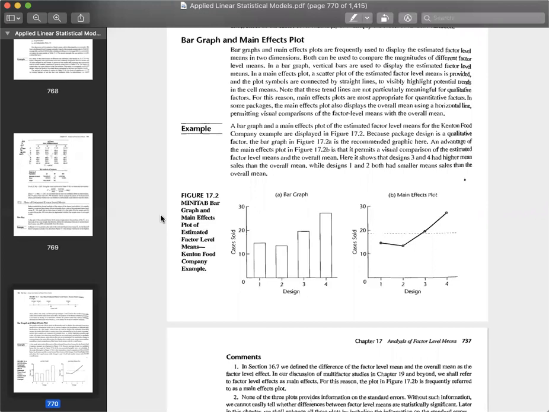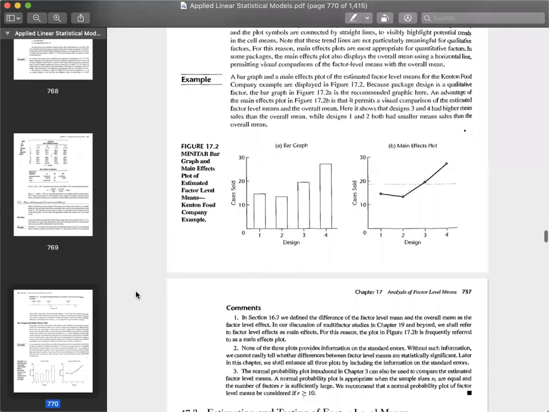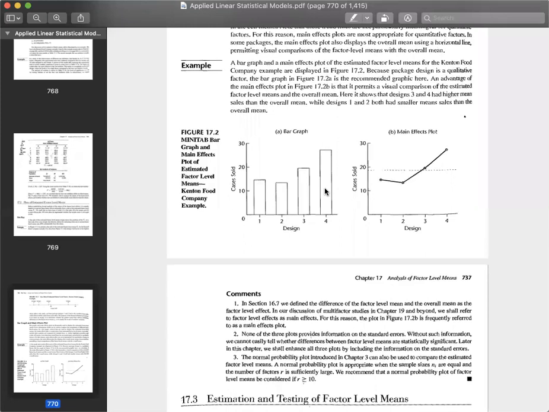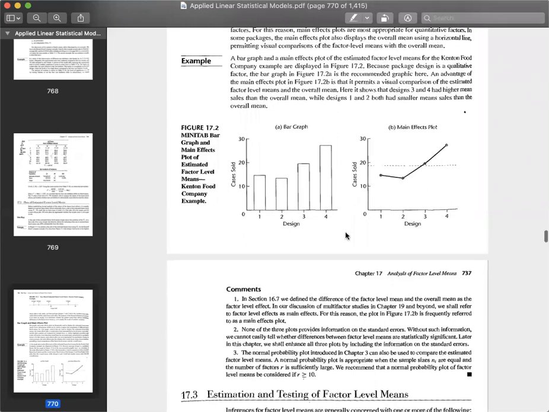Note that these trend lines are not particularly meaningful for quantitative factors. For this reason, main effects plots are most appropriate for quantitative factors. In some packages, the main effects plot also displays the overall mean using a horizontal line, permitting the visual comparison of factor-level means with the overall mean. A is a bar graph, and B is a main effects plot.